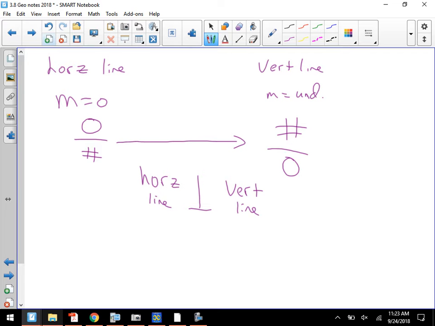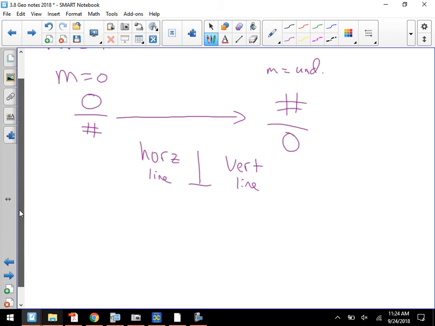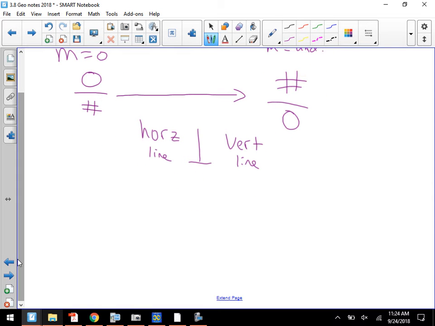What was the equation? Yeah, y equals a number, which means what's the equation of every vertical? Process of elimination, you only have 2 letters. Yeah. So horizontal lines, y equals some number, are always perpendicular to x equals some number. What's parallel to horizontal?